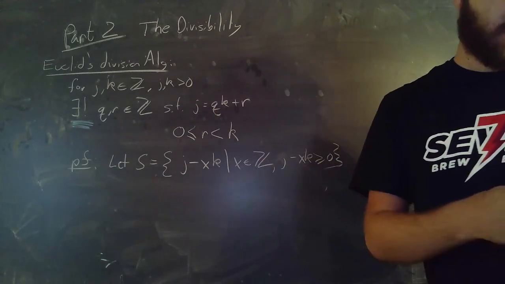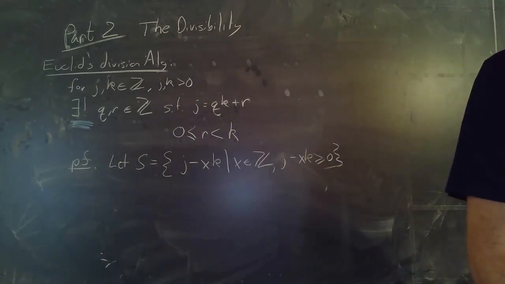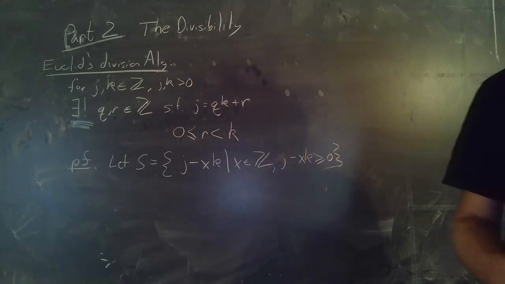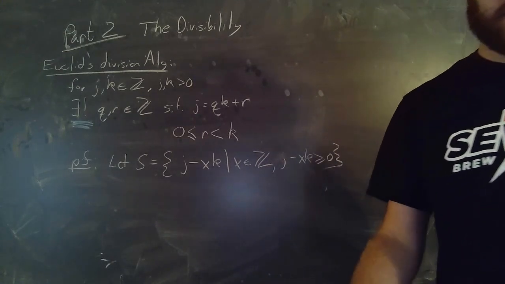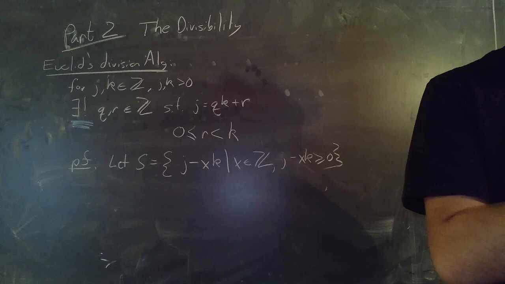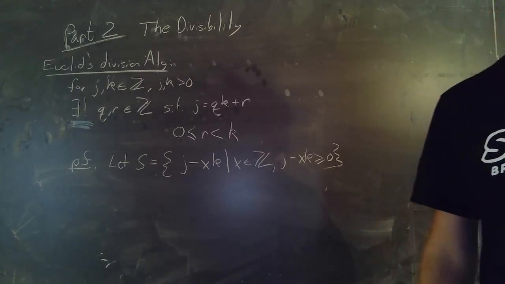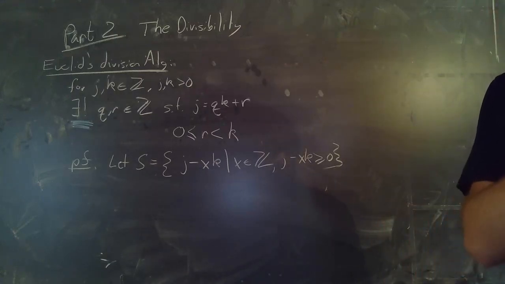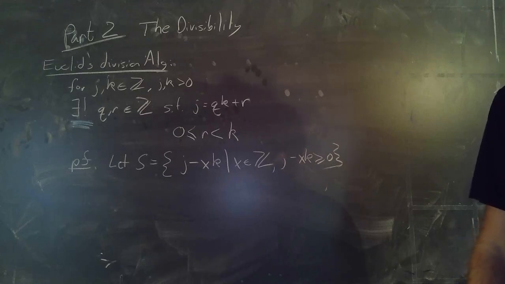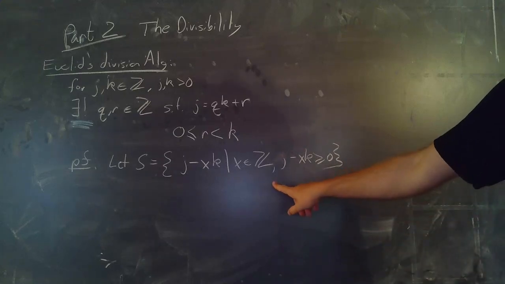Okay, so the second part of the proof, we have to establish that there exists a unique r and q. We covered the uniqueness part, so we need to just establish that there are r's and q's that we can find for this particular type of situation. So to do this, we're going to consider the following set.